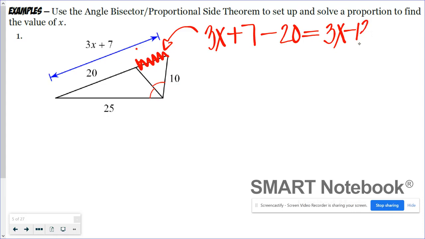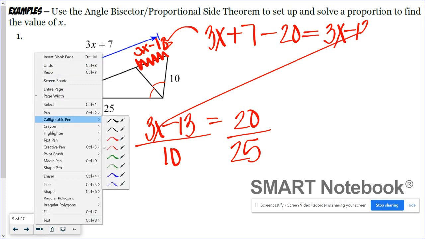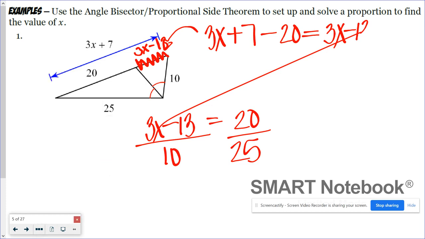Okay. And then I can write a proportion. So I can do like 3x minus 13, sorry about that, over 10 equals like 20 over 25. That's a possibility where I do like segment over side equals segment over side. I can do like my segment ratio.